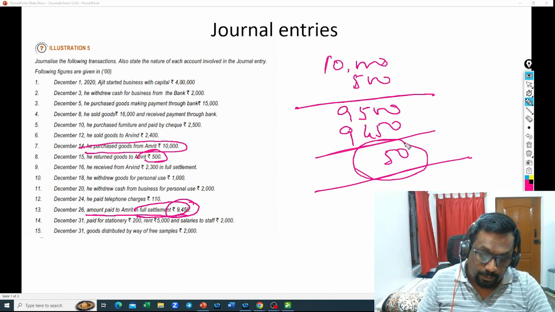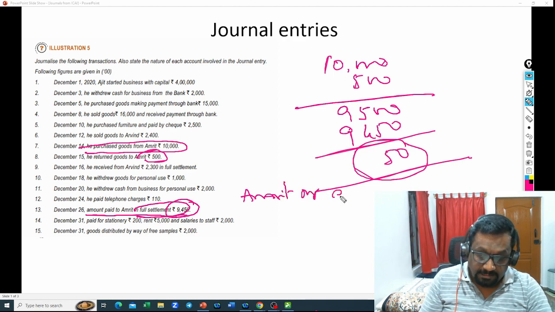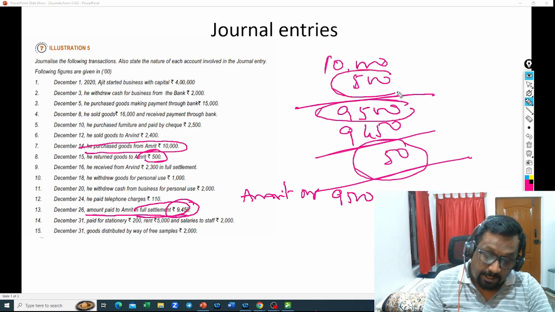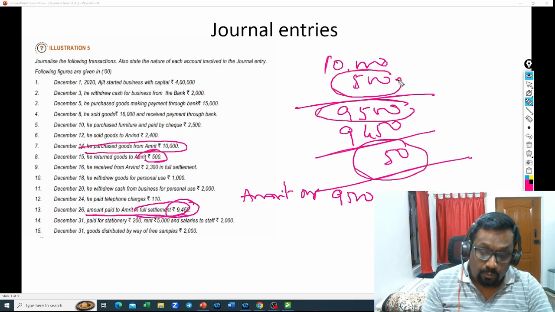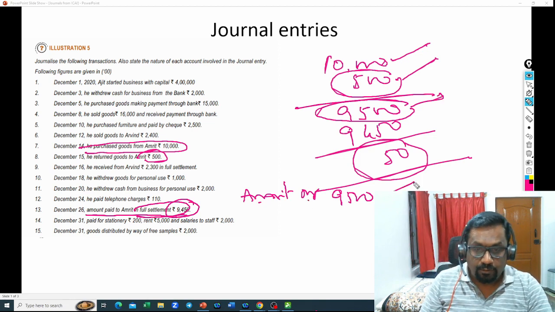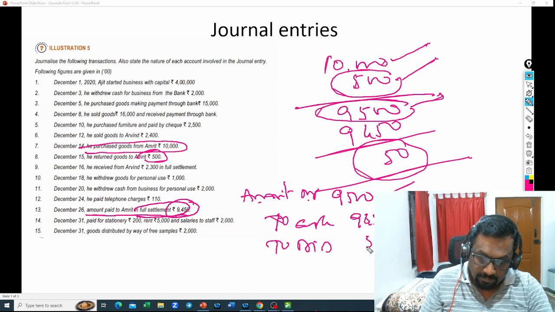So how do we post this entry? Amrit account debit 9,500. This is the amount we need to put because this amount we already posted an entry. So total purchase 10,000, we already returned 500. What is left now? 9,500 is left. So Amrit account debit 9,500 to cash account 9,450, to discount received account 50.